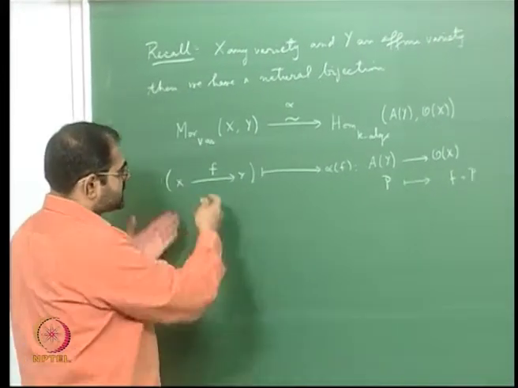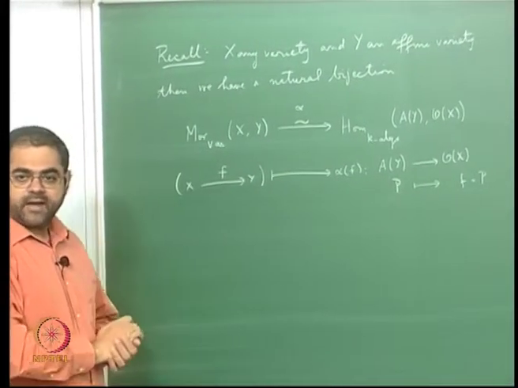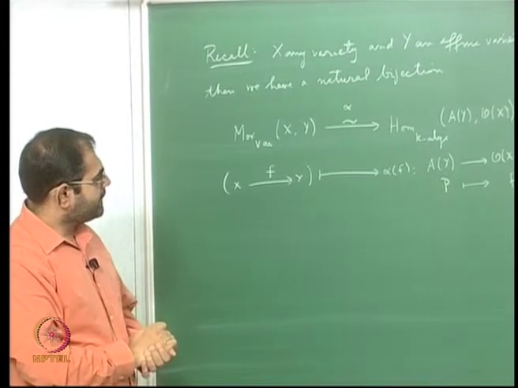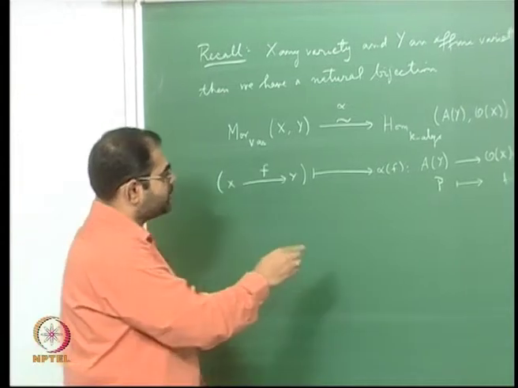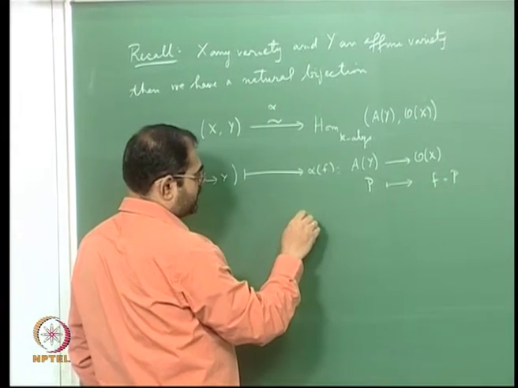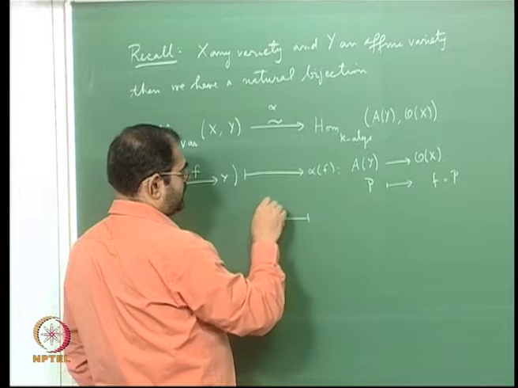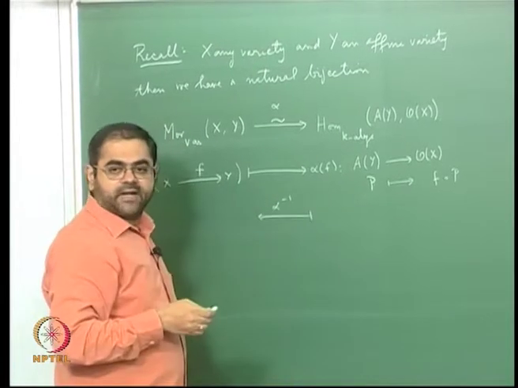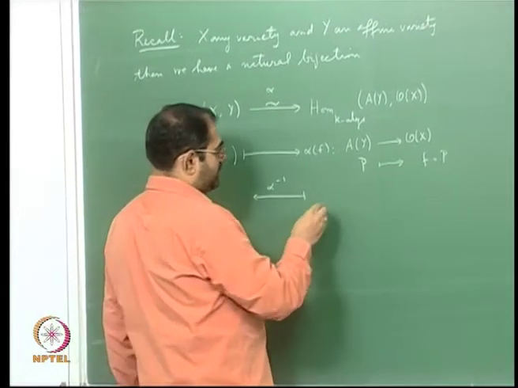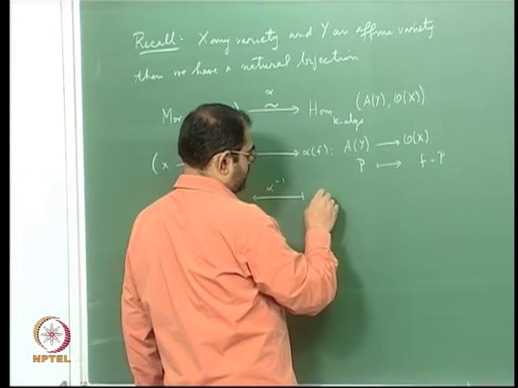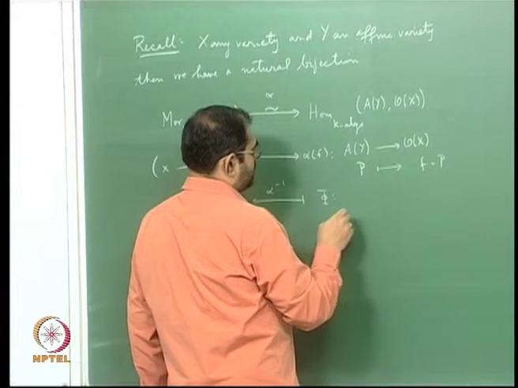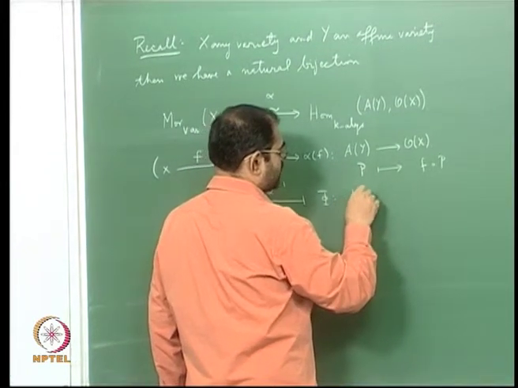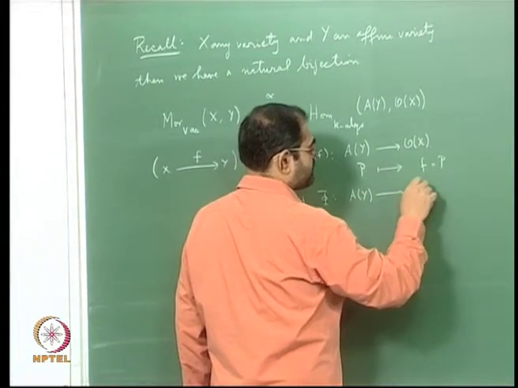So this is how this map is defined, and if you look at the map in the reverse direction, alpha inverse, how is that defined? Well, give me a K algebra homomorphism phi from A(Y) to O(X).